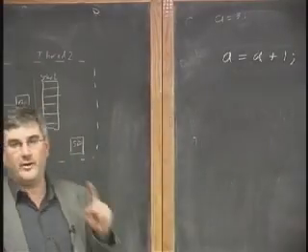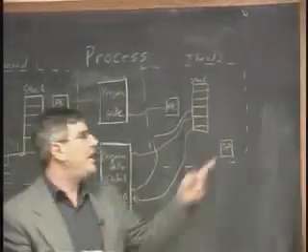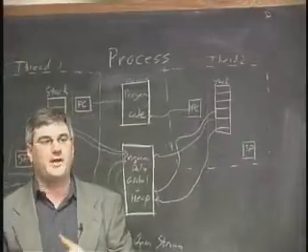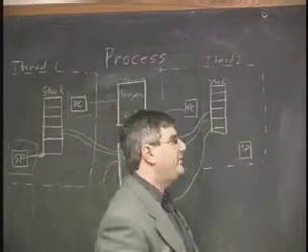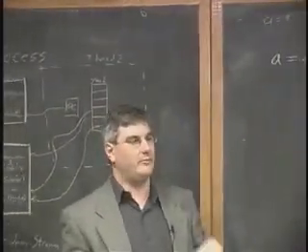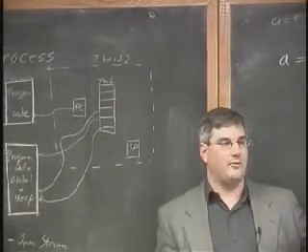Now, if we have two threads doing this at the same time on the same variable, they can do those steps in all sorts of different interleaved orders. The order that's happy is that thread 1 reads A, thread 1 increments A, thread 1 writes A back out.